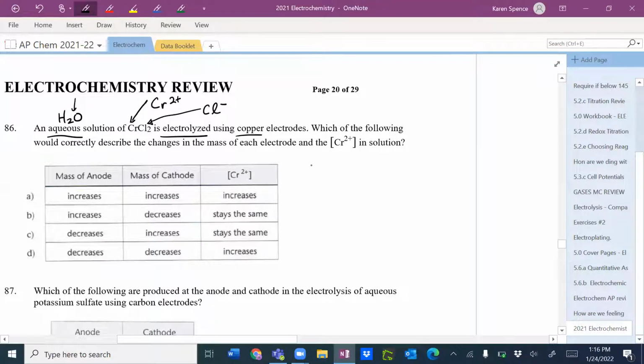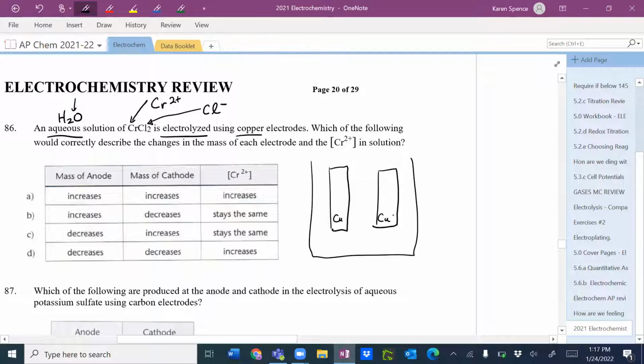So in my beaker, sometimes I like to draw a beaker because it just helps me think what I've actually got here. I've got copper, I've got Cr2+, and I've got chloride, and I've got water, and I've got, I don't know, a battery here. Positive, negative, okay.